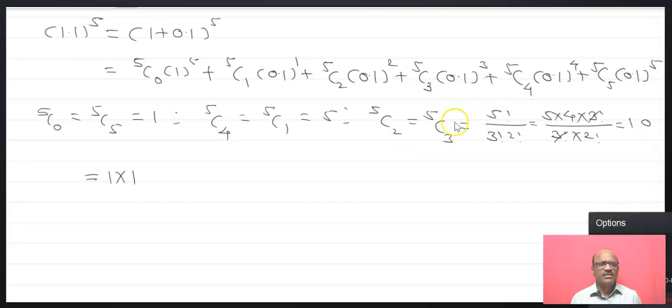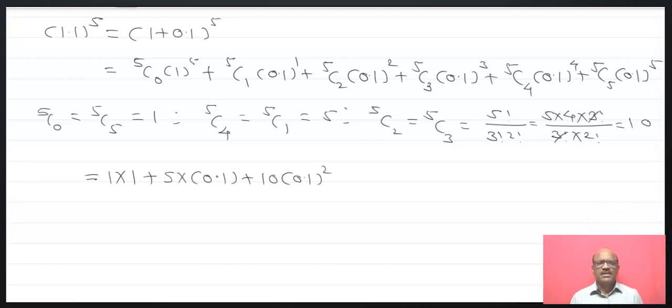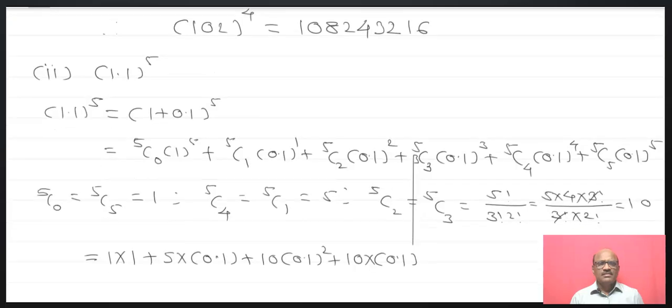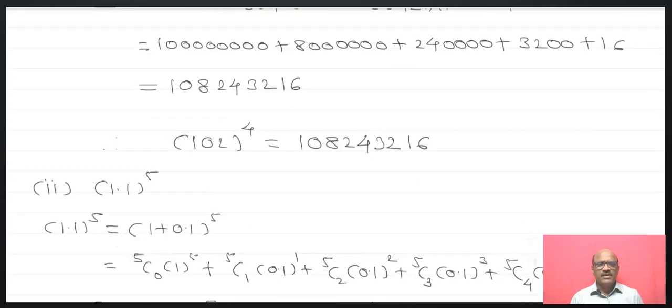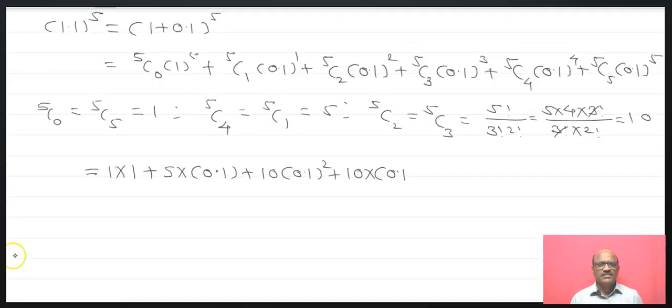This is the value. 5C3 is equal to 5C2, that is equal to 10. Now substitute the values. 5C0 is 1, 1 raised to 5 is 1. Next is 5C1, that is 5 into 0.1 raised to 1. These are their values.